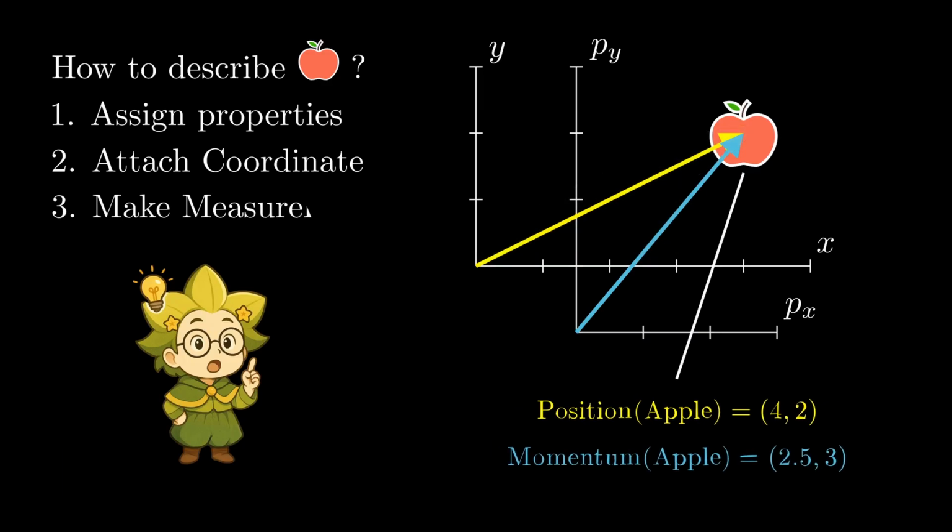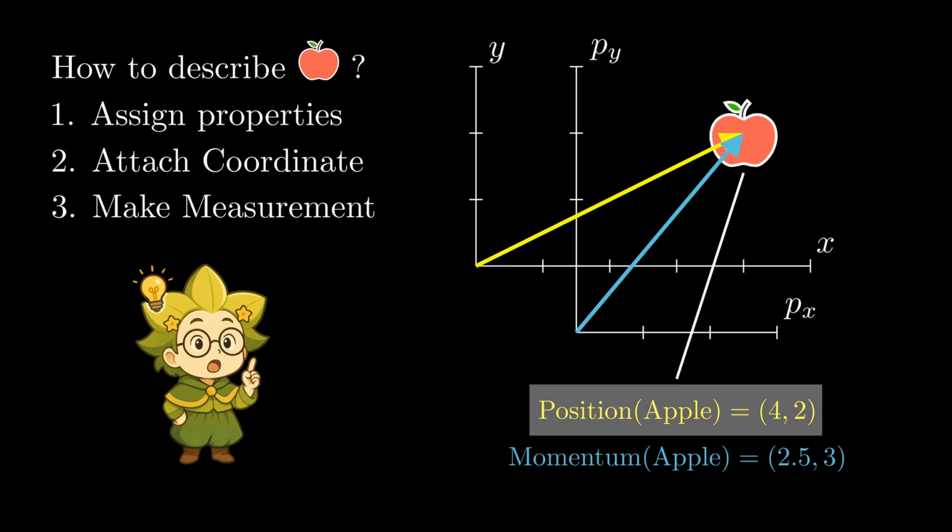And lastly, we make measurements. For example, when we say the position of the apple is located at (4,2), what we really meant is that the apple is located 4 units along the x-axis and 2 units along the y-axis, with respect to the origin, of course. Here we simply just need to read off the value displayed on the coordinate system.